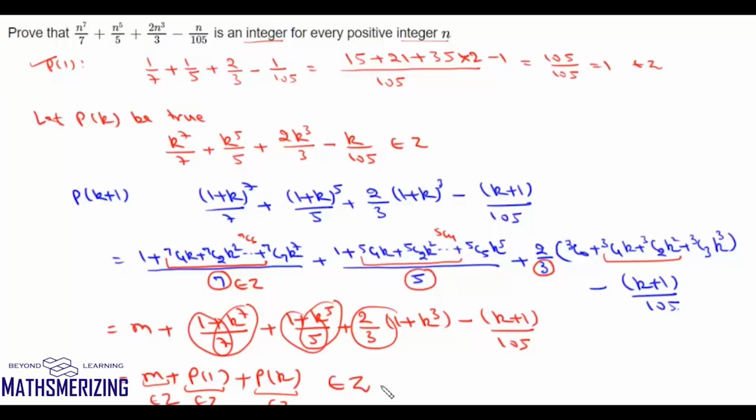So P1 is true. And if we assume Pk be true, then Pk plus 1 is also true. Then from principle of mathematical induction, we can say that this expression n to the power 7 upon 7 plus n to the power 5 upon 5 plus 2n cube upon 3 minus n upon 105 will be an integer for every positive integer n.